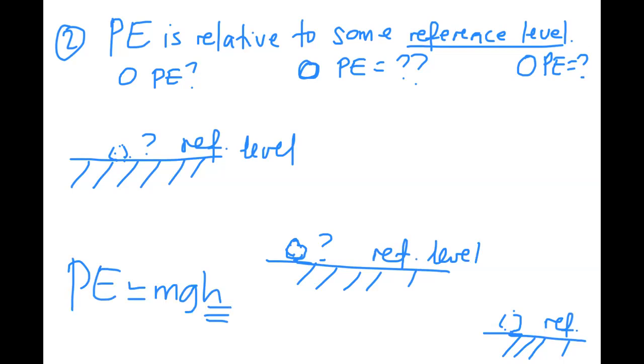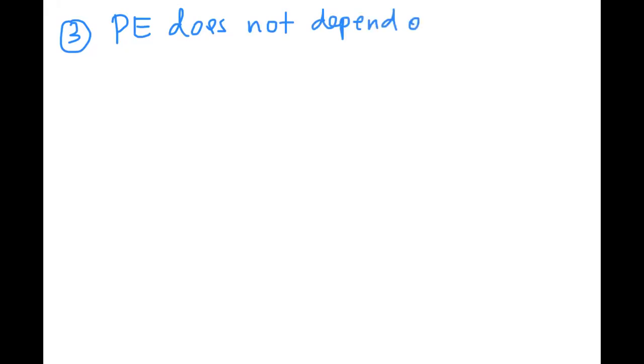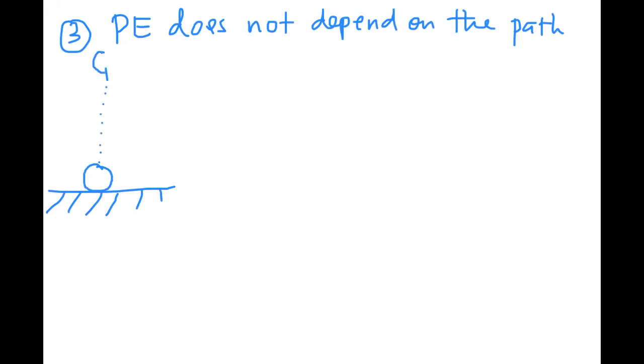Another point about potential energy, point number 3, is that potential energy does not depend on the path. So I'm assuming that I would like to raise an object, maybe from here, all the way to some height, maybe here.